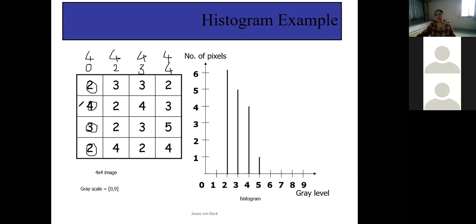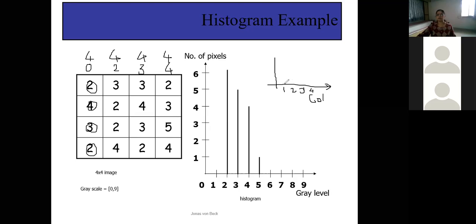But if I plot the profile for this image, which takes value 0 for the first column, 2 for the second column, 3 for the third column, and 4 for the fourth column, then for the row profile you will have the column numbers here: first, second, third, and fourth.